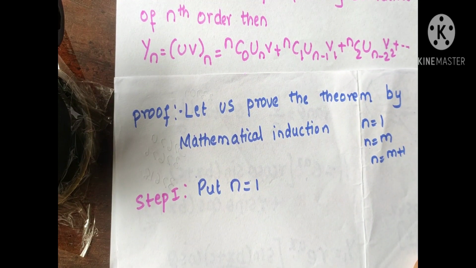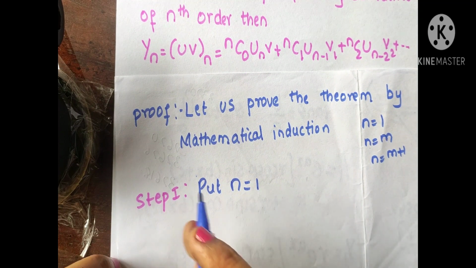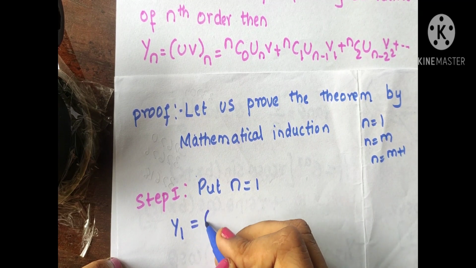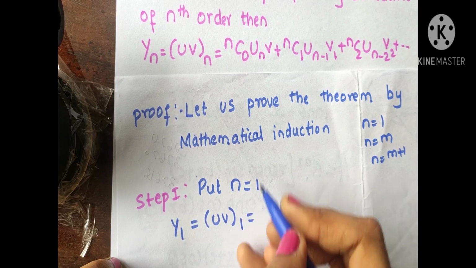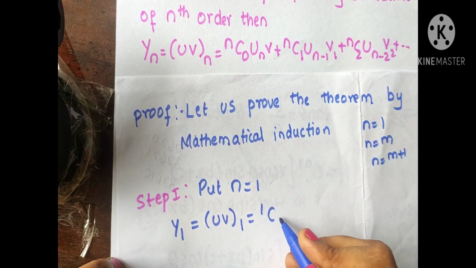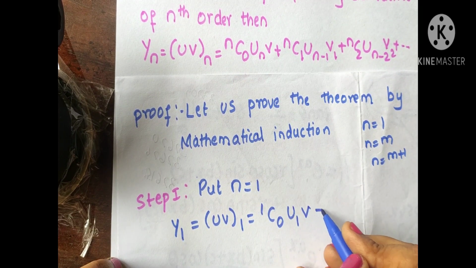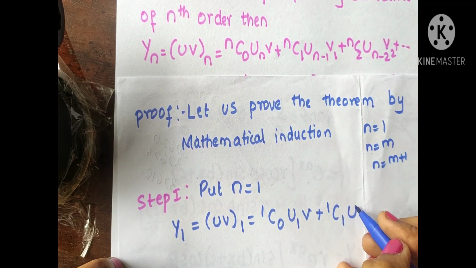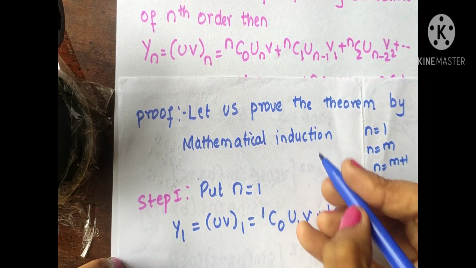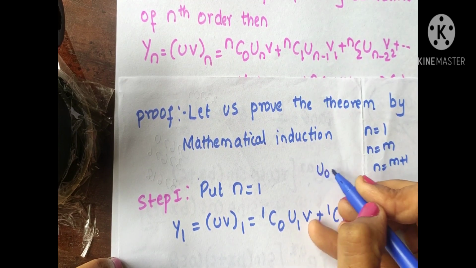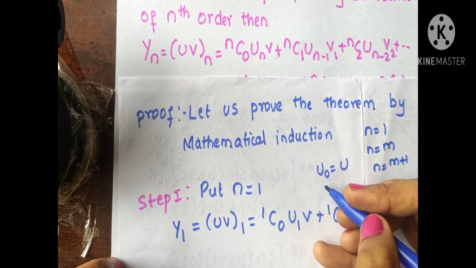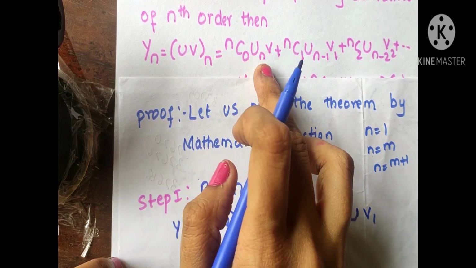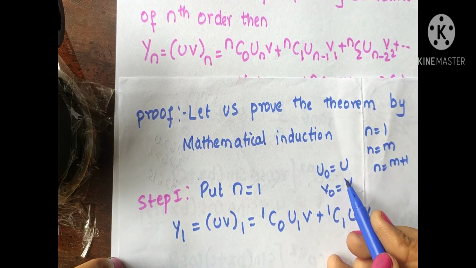It becomes y1 equal to (uv)1, that is, substituting 1 here, 1C0 u1 v plus 1C1 u v1. Here 1 minus 1 gives u0, and instead of u0 I am taking u, and instead of v0 also I am taking v.